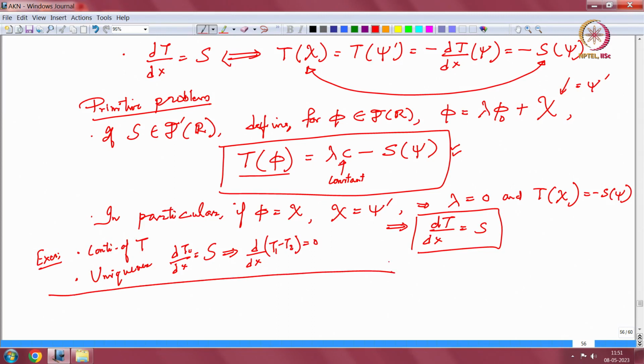And you can repeat this one, in the sense that you can do a generalization, okay. You can solve the second order. So, for example, if dT by dx is equal to 0, T is a constant, and if d square T by dx square is equal to 0, then you can put S equal to dT by dx, and that will imply dS by dx is equal to 0.